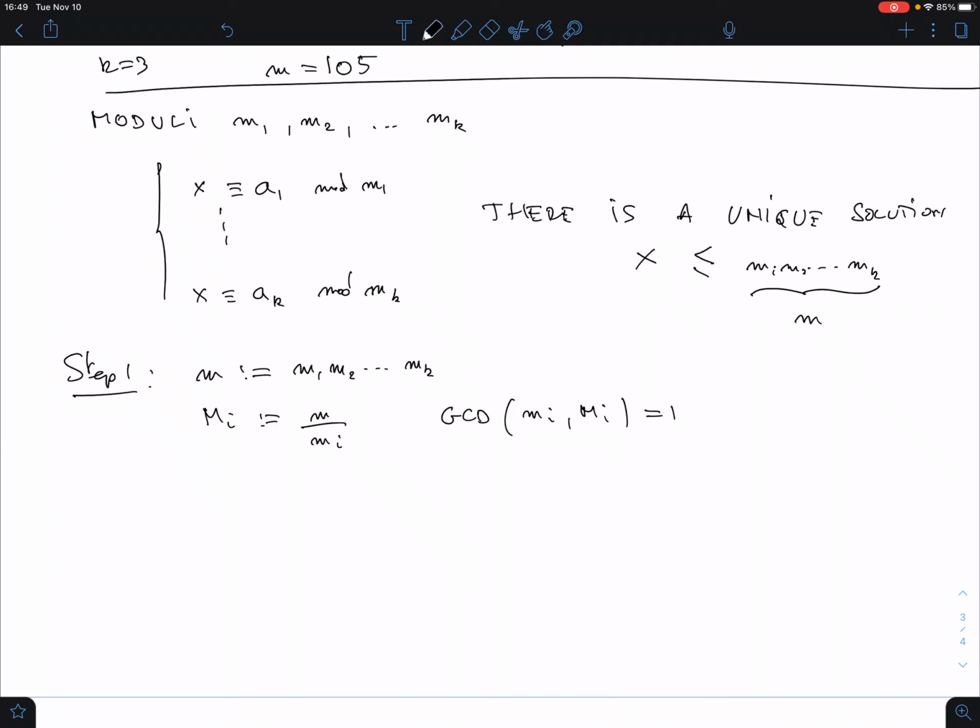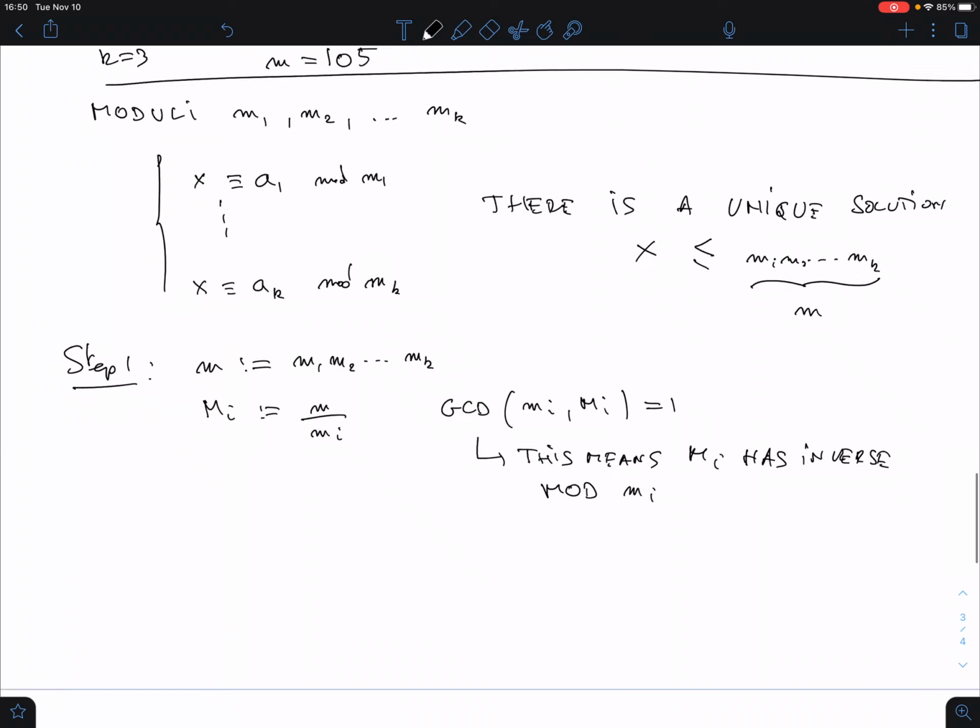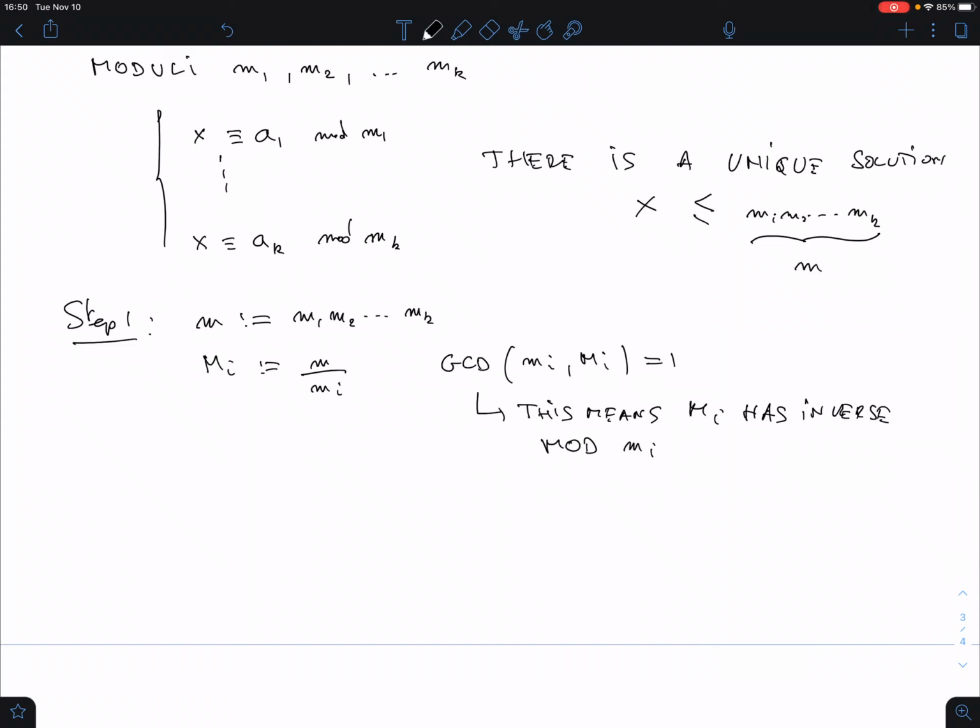So in particular, this means that capital Mi has an inverse mod little mi, and let's call that inverse yi.